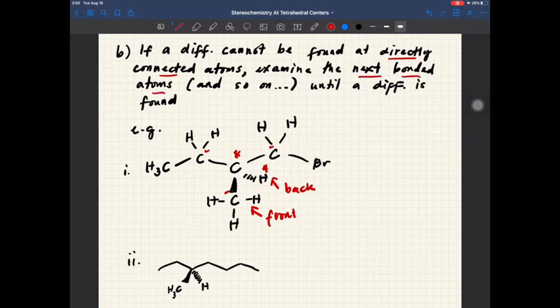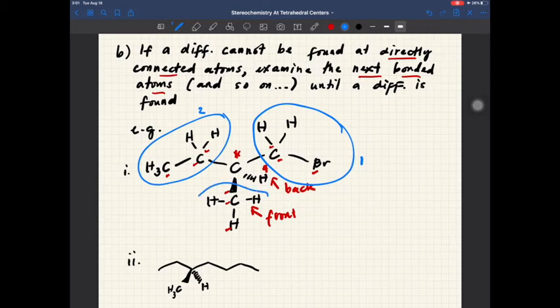For the methyl substituent, after carbon, you only have hydrogen bonded to it. In this context, after carbon, you have carbon bonded to it. And at this location, after carbon, you have bromine bonded to it. So basically, this one is your number 1 or first priority. This one is your number 2, the second priority, and this one is your number 3 or third priority.